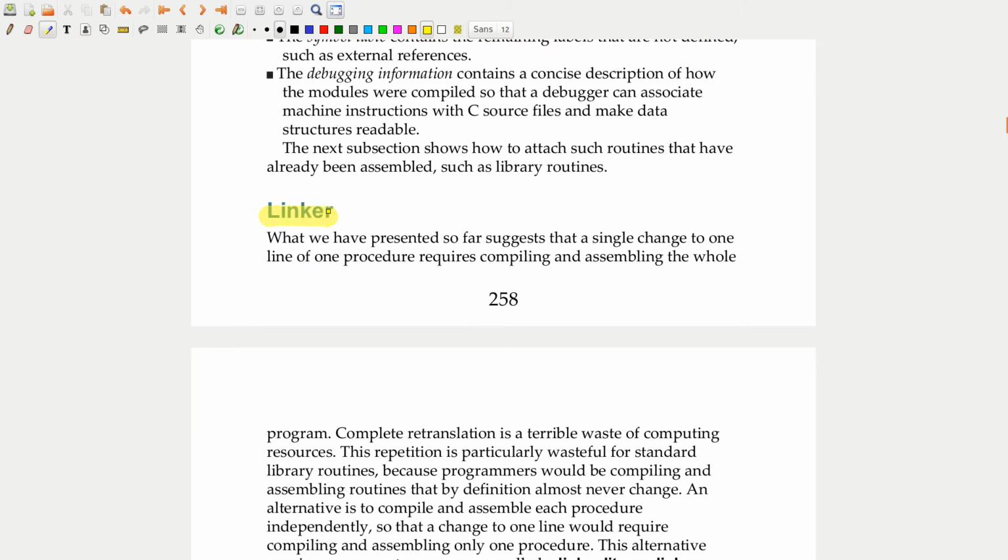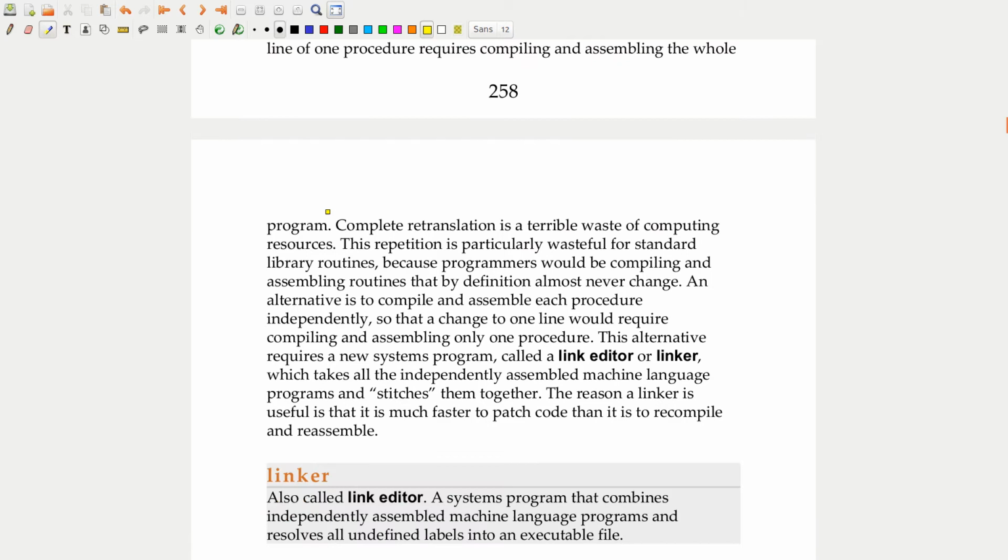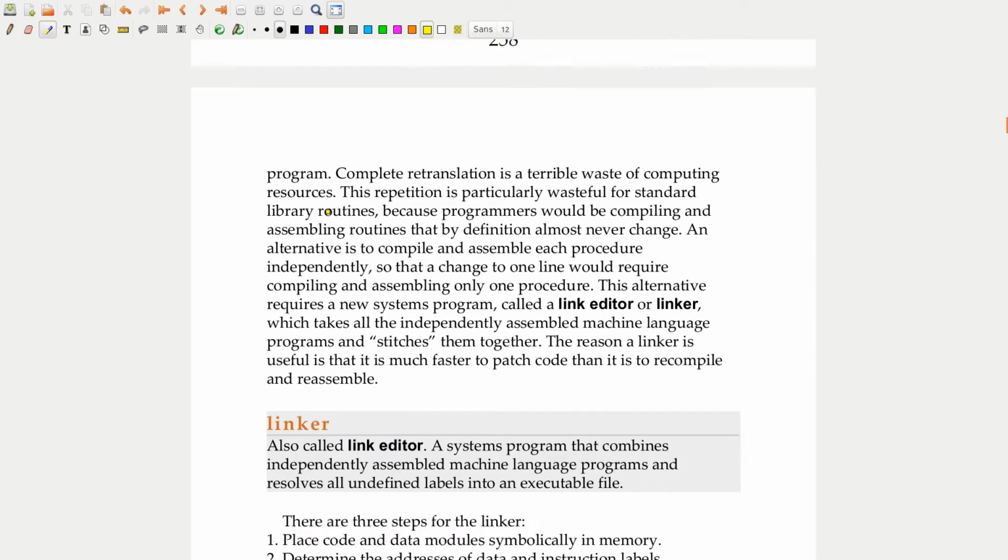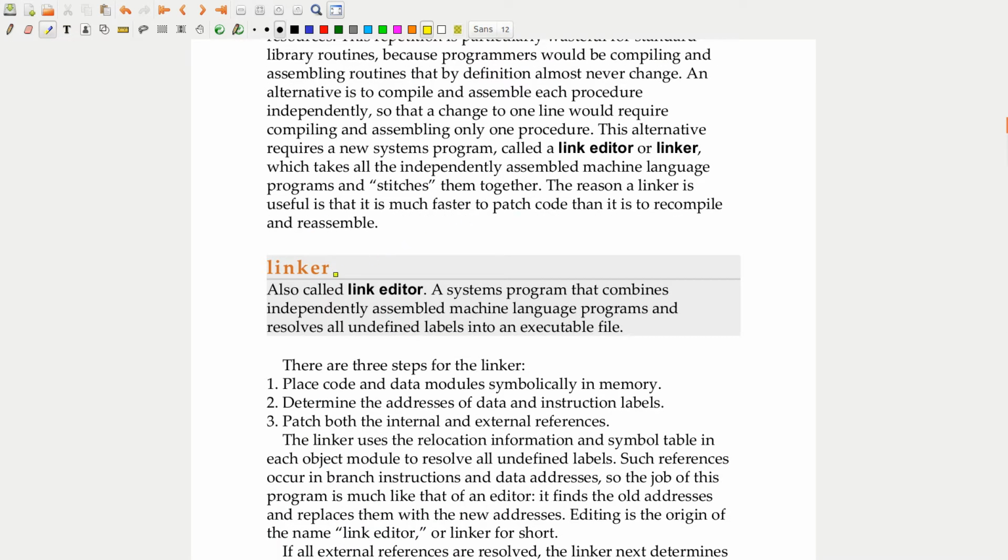Then we have the linker, also called the link editor, a systems program that combines independently assembled machine language programs and resolves all undefined labels into an executable. So this is what patches everything together and puts it into that executable you want.